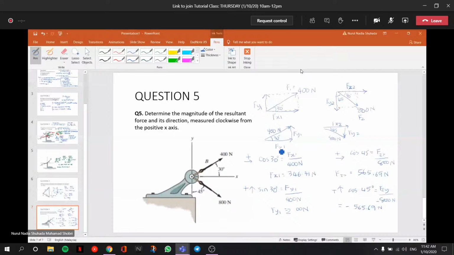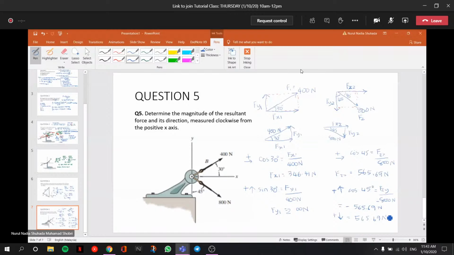It points downward. This is because we define our upward direction as positive. So if we change our direction, it would be 565.69 Newton.